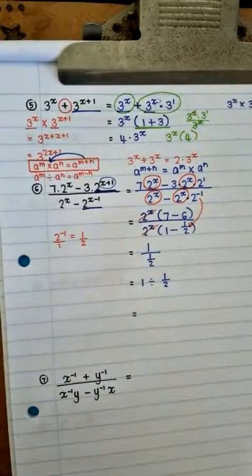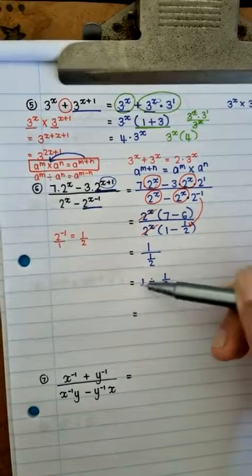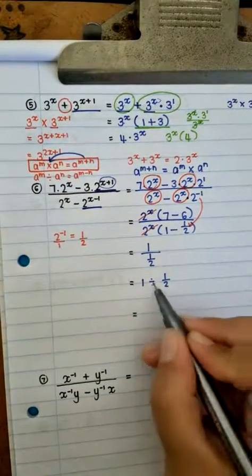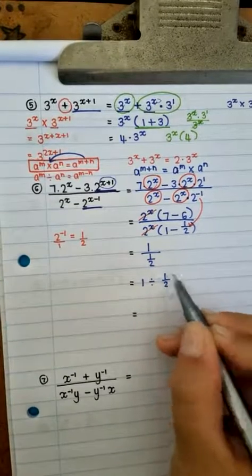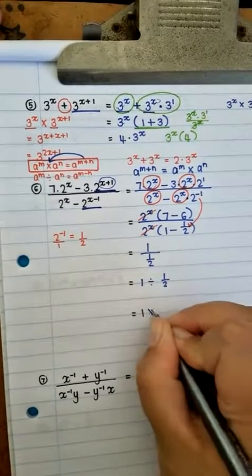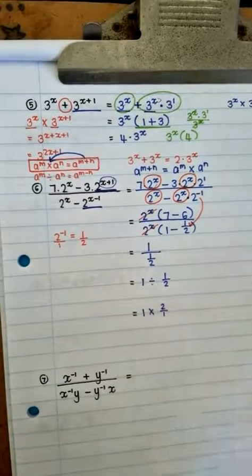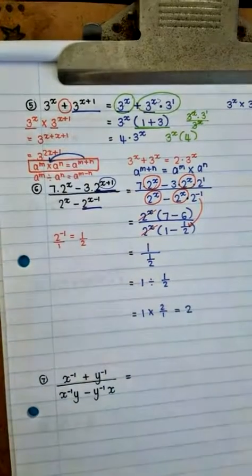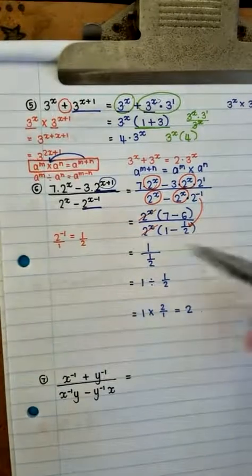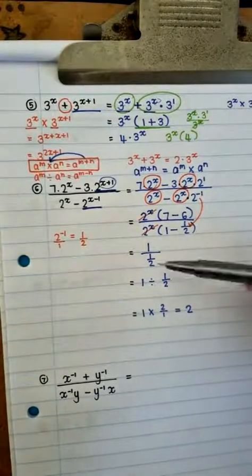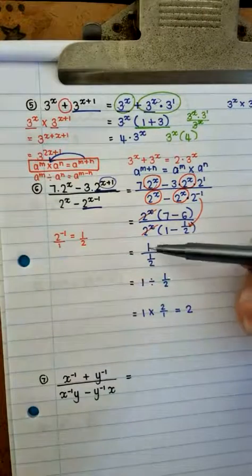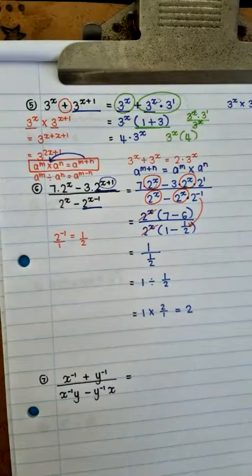I'm just showing you that 1 over a half is actually the same as 1 divided by a half. And remember, when you are dividing by a fraction, you would have to tip it and times. So you would have to change this to 1 times 2 over 1. Don't worry, I hope this isn't confusing you guys. I'm just showing you, if you weren't using your calculator, this is how you would work it out. But basically you need to be able to divide 1 by a half and get an answer of 2.